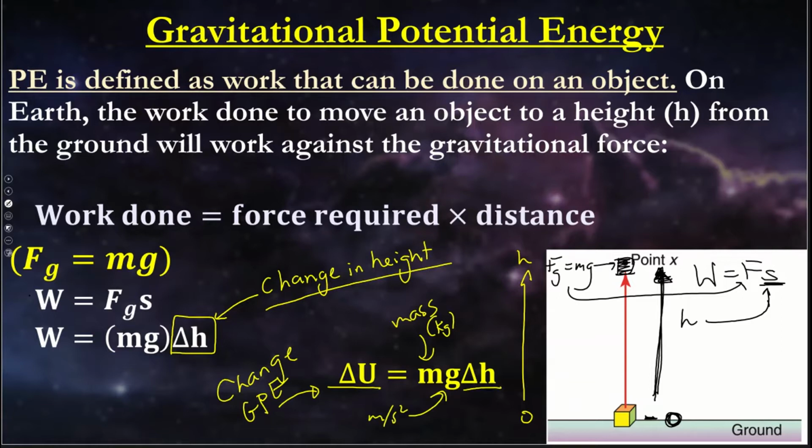And here we have the change in height. So that's what gravitational potential energy is: how much energy change do we get when we lift an object from some reference point up or down. How much energy will we have stored that can be used by gravity to pull it down?